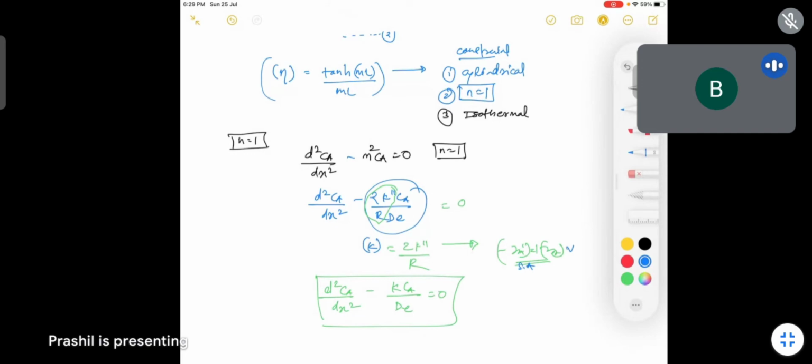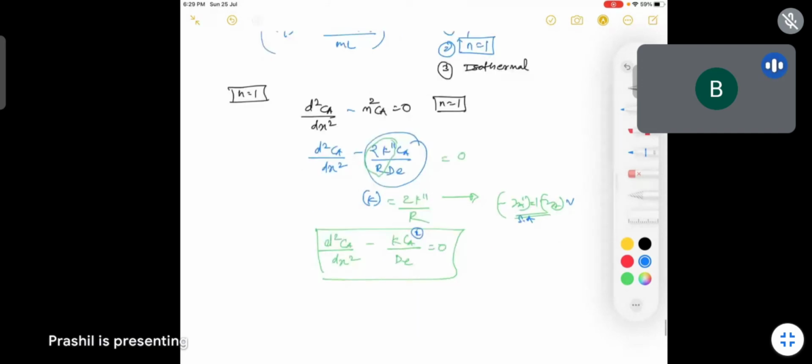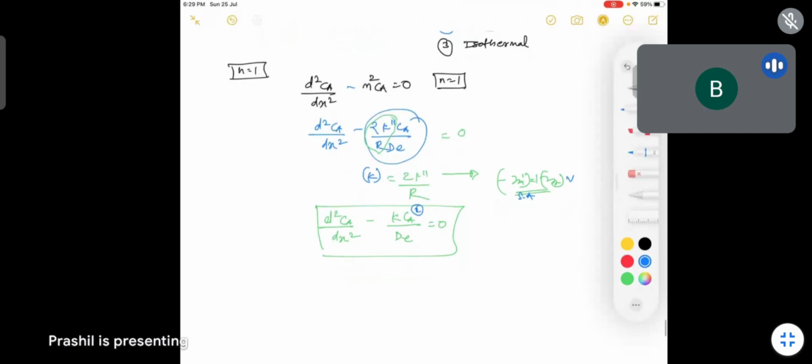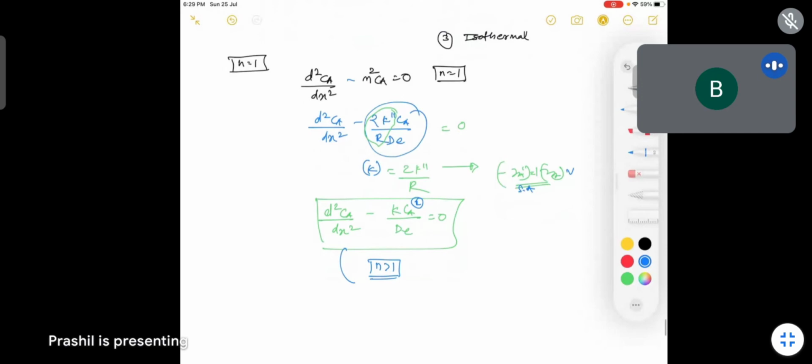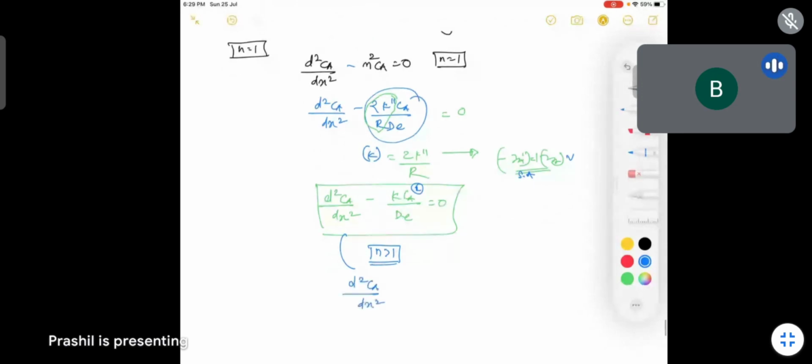Here you can see the order of reaction is 1, right? Suppose the order of reaction is greater than 1, then you will get a non-linear equation, right? This is your homogeneous one, and homogeneous is always linear, which you can easily solve.